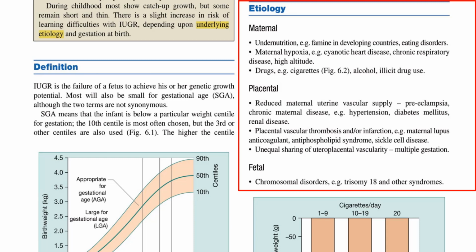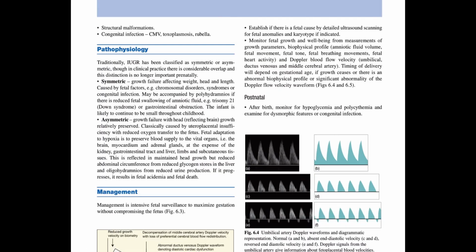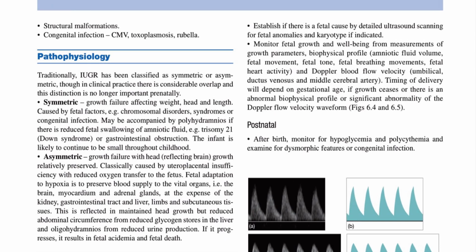Unequal sharing of uteroplacental vascularity, multiple gestation. Fetal. Chromosomal disorders, for example, trisomy 18 and other syndromes. Structural malformations. Congenital infection, CMV, toxoplasmosis, rubella. Figure 6.2. Reduction of birth weight with maternal smoking.